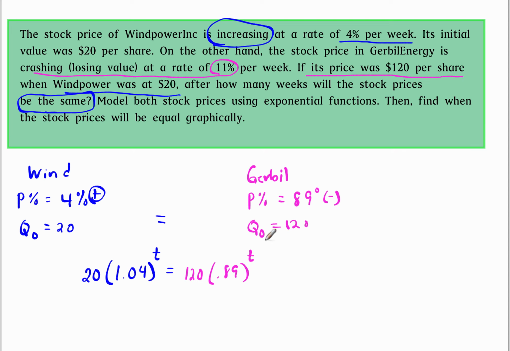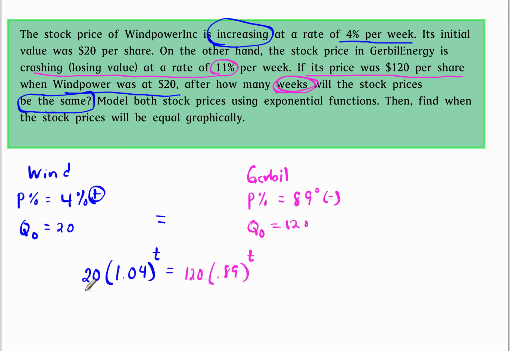Oh, sorry, per week. Wow, this thing is just in a free-for-all. So again, we don't know how to solve when the exponents are unknown. Next chapter, but we can clean it up before we put it on a graph.